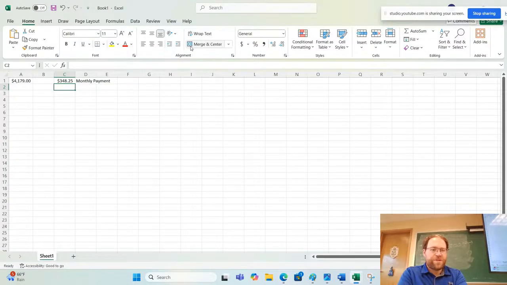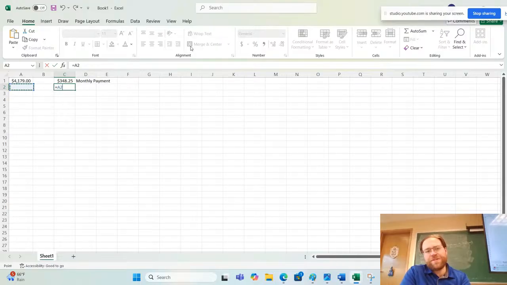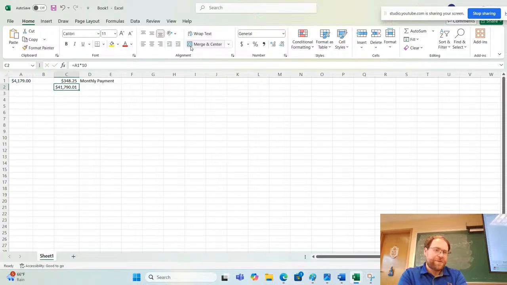How much will you pay over the lifetime of the loan? That's going to be the $4,179 times how many years? 10. So you're going to be paying $41,790.01.